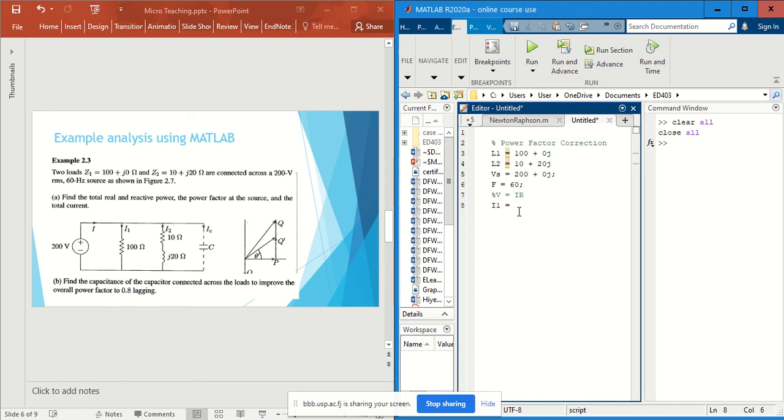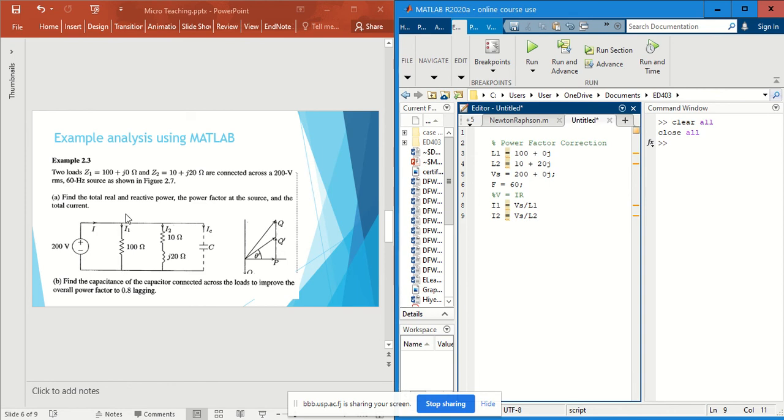So I1 we are going to say Vs divided by L1, and I2 will be equal to Vs divided by L2.